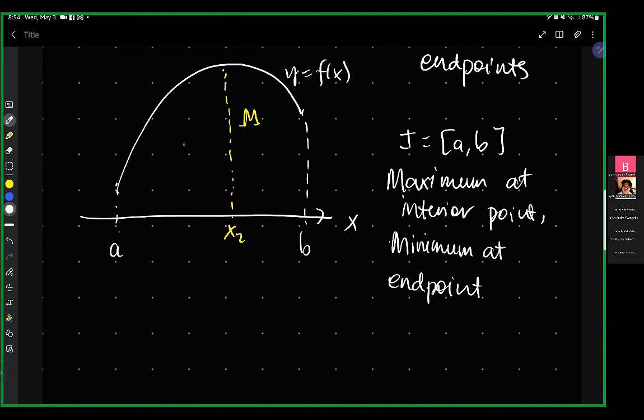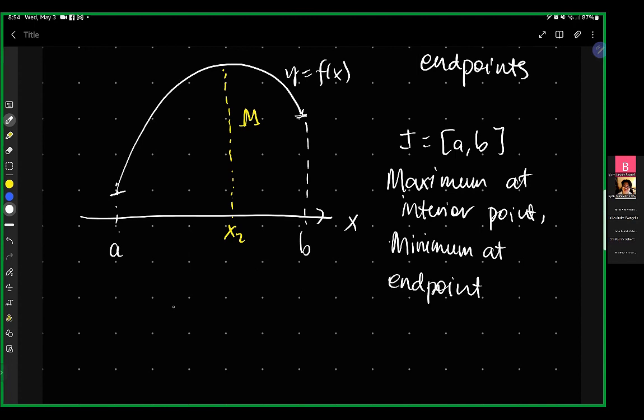As you can see, for this case, we have a maximum at the interior point and minimum at the endpoint. So it didn't include a value for x1 in here because it's found at the endpoints naman. But there are certain cases na, for example, in this diagram, parang mas mababa dito kaysa dito. So either of the two yan, usually.